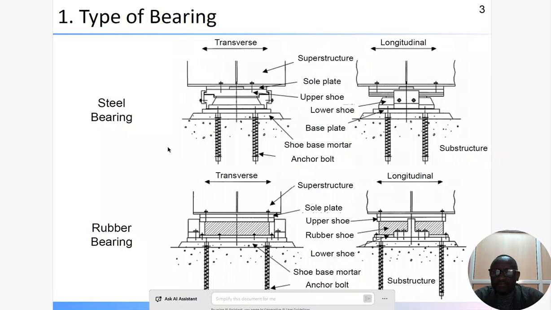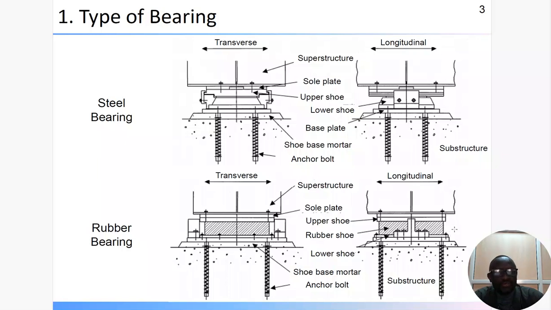If it is a rubber bearing, this is how it looks. I can see this area is locking it not to move. The whole body here keeps the bearing and the girder in one position. They call it fixed. While here, it can move.